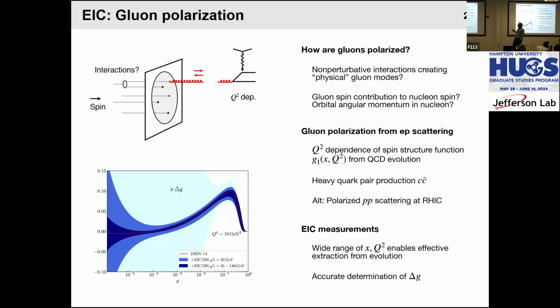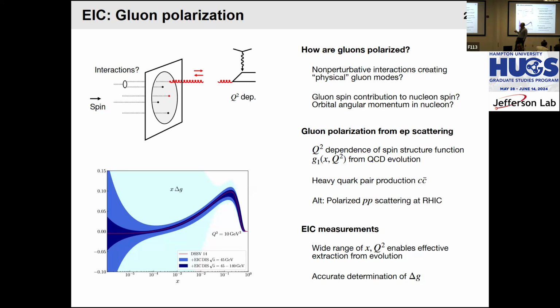Another method to get at the gluon density is to look at the production of a heavy quark pair in the final state. So if this is like a charm-anti-charm pair, then this can be detected through the fragmentation. So that's another channel that is being discussed for the EIC.